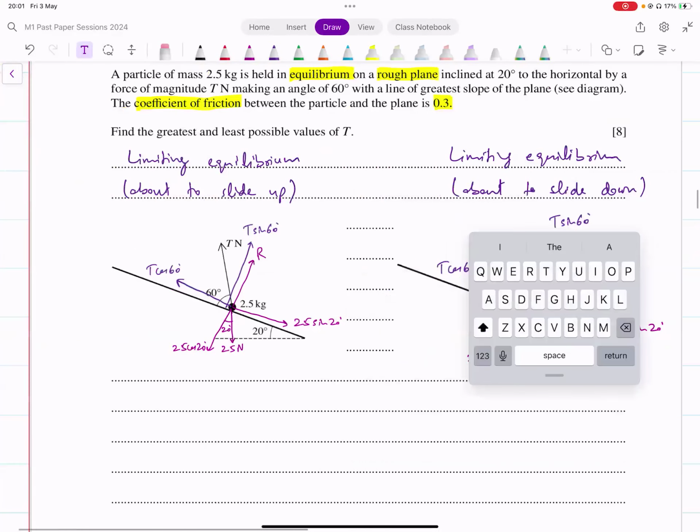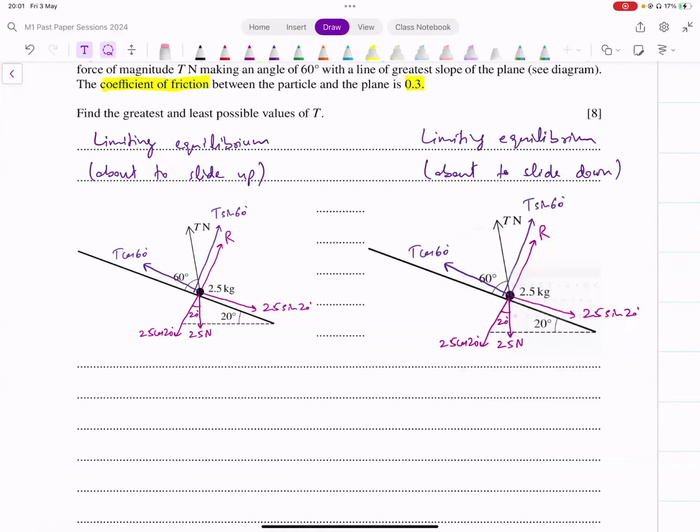The difference is, when the particle is just about to move up the plane, where is friction going to act?